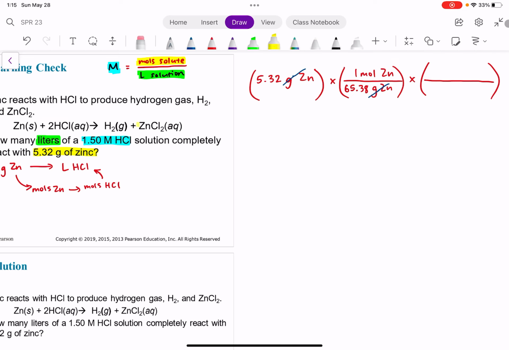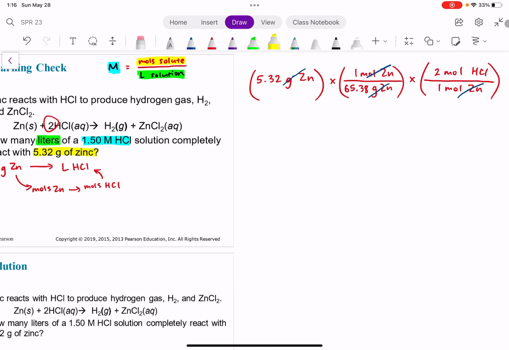Our coefficients in front of our chemical equation. So 1 mole of zinc goes on the bottom, 2 moles of HCl on top. Let's cancel out those moles of zinc, and now we're left with moles of HCl.